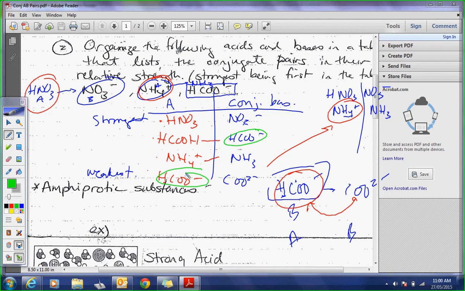And same thing as the voltage. The higher up on this side of your data booklet, the stronger the acid. And down here, what do you think about these? The stronger the base down here. So these are strong bases, and these are strong acids up there in your data booklet and on this table.